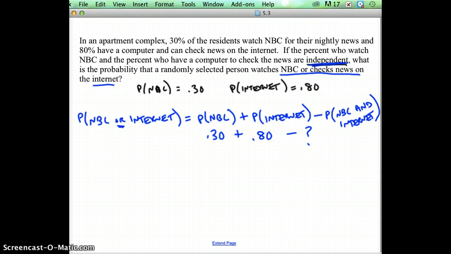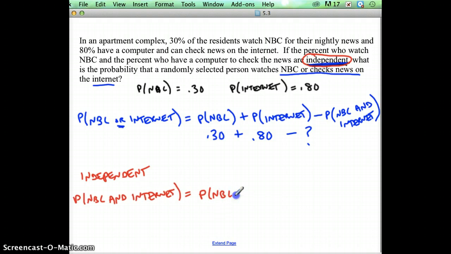Well, let's do a little bit of side work. We are told they're independent. So if they're independent, then the probability of NBC and the internet should equal the probability of NBC times the probability of internet.